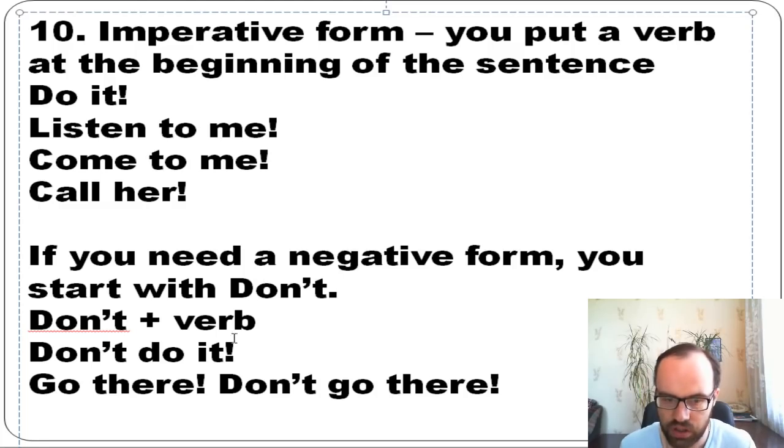For example, don't do it. Go there. Don't go there. So if you need an imperative form in a negative way, you use don't. Don't go there. Don't do it. Okay?